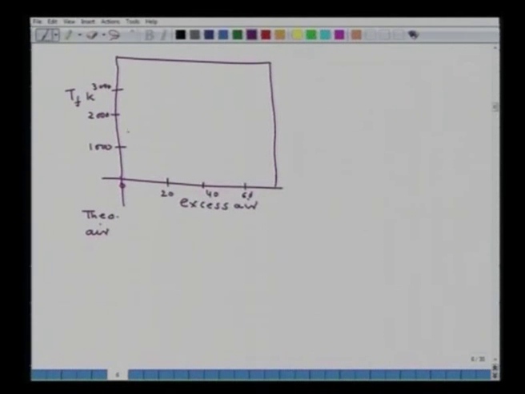For 0 we have measured around, let us say, 2319, for 20% say 2034, and for 50% we are measuring around somewhere here. So, this plot could be a slightly straight line or a little bit curved. What it illustrates is that if you increase the excess air, the flame temperature decreases. This is valid for all types of fuel.